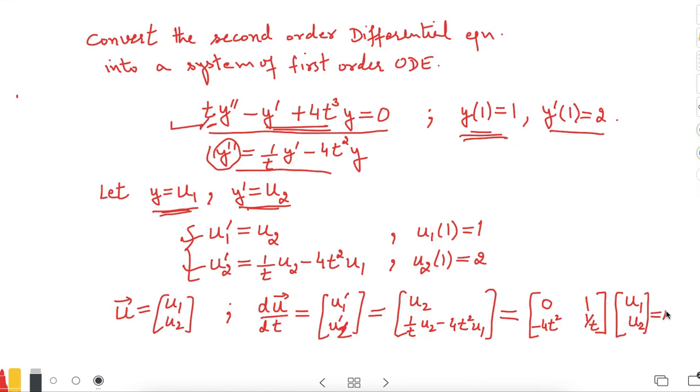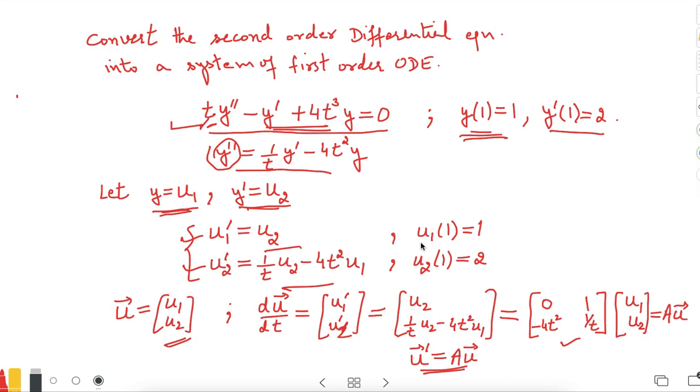Basically we are trying to write this as a matrix times the u vector, which is u1 u2. Okay, so clearly we can define the system of first order differential equations in terms of a matrix as u dash equals Au, where A is a matrix depending upon whatever is the right hand side.